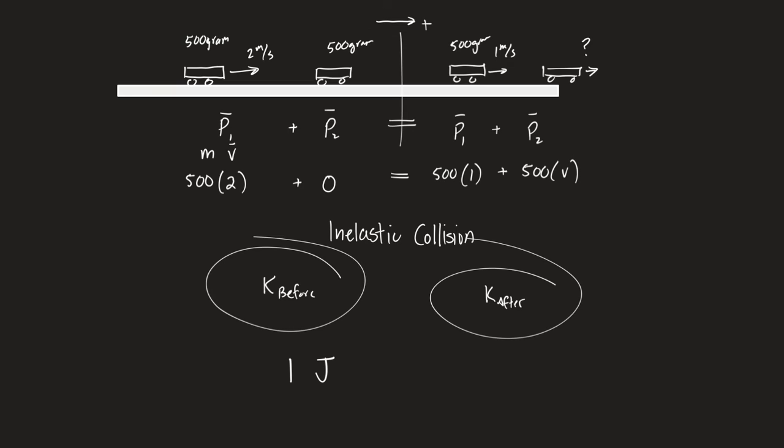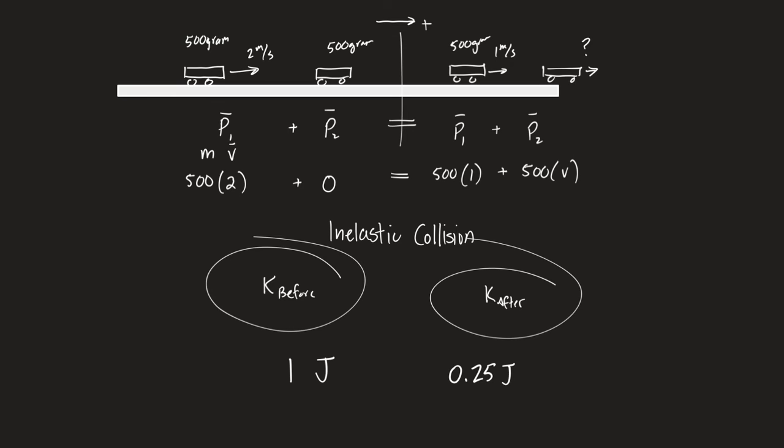Who wants to do the kinetic energy after? Is it 0.25? How'd you get that? Because I plugged 1 into 1/2 mv squared, and I plugged in 0.5 for m, and then I solved and I got 0.25. Is that for both cars or just one car? That is for the first car.